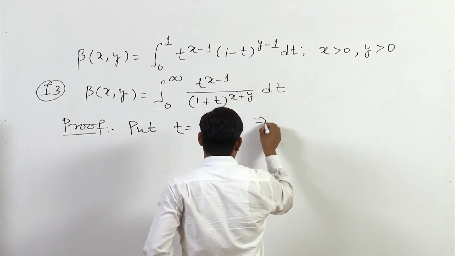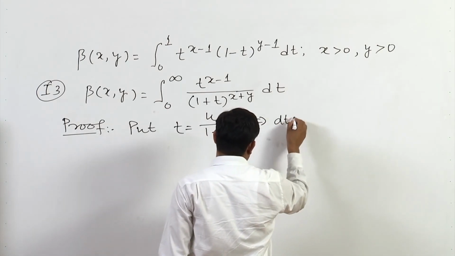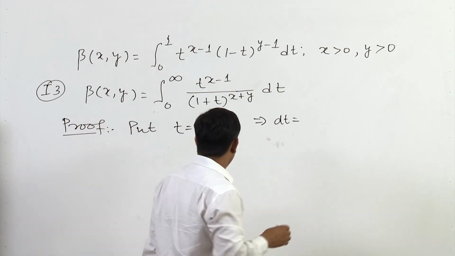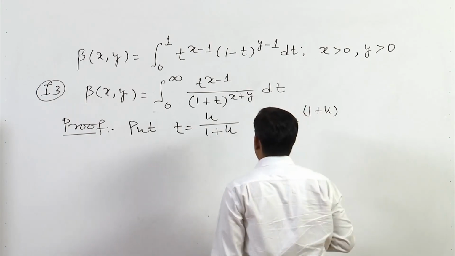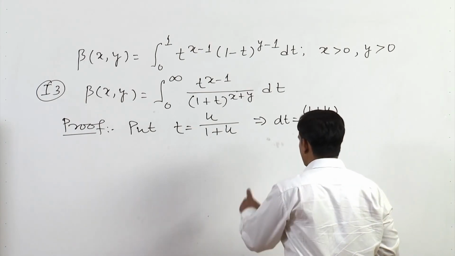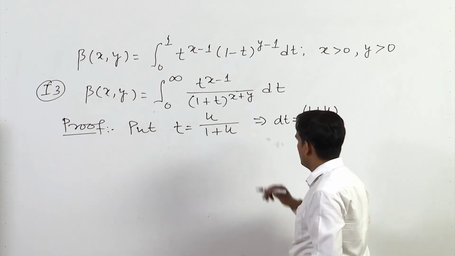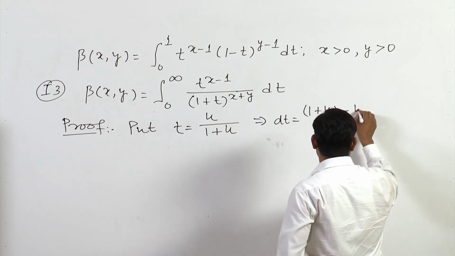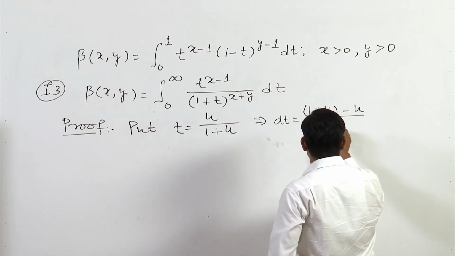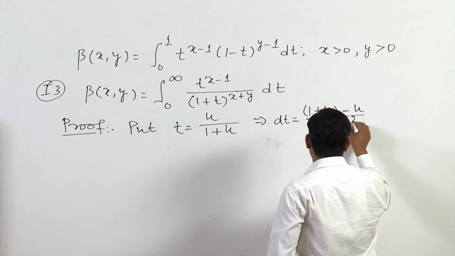So, from here what I will get? dt equals, by the quotient rule, 1 plus u as such, differentiation of u will be 1, minus u as such, upon 1 plus u whole square.